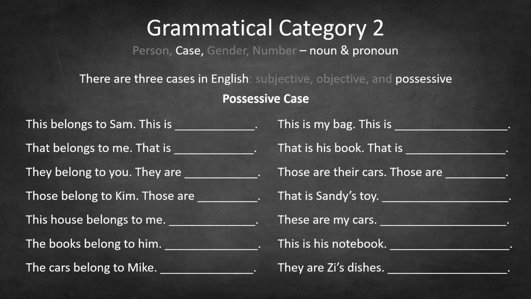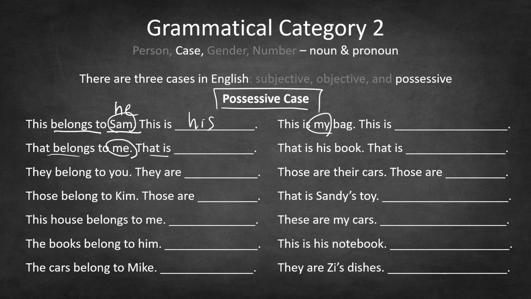Look, belongs or my can use possessive case. This belongs to Sam. Sam is he, right? So this is his. This belongs to me. That is mine. They belong to you. They are yours. Those belong to Kim. Those are Kim's.